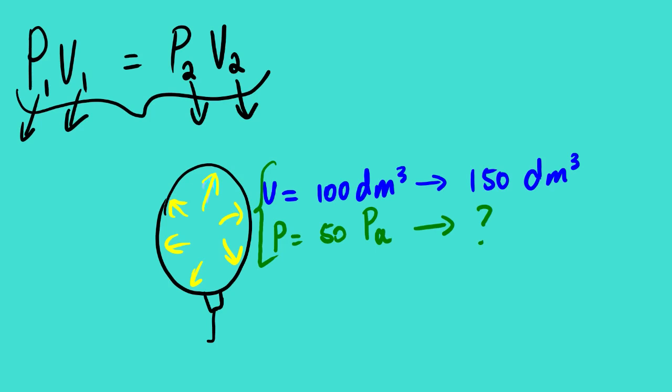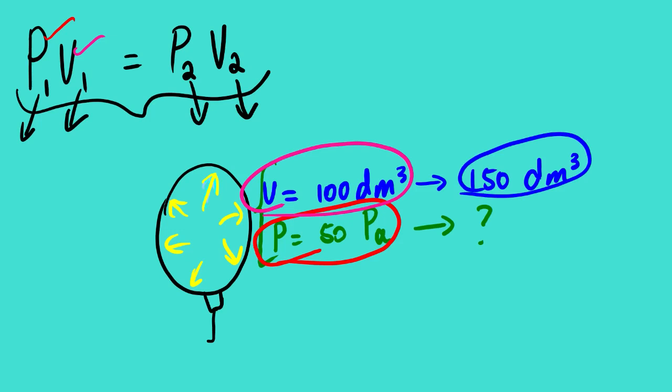Boyle's law is based on the relationship between the pressure and the volume of an enclosed system. Now, P1 is the initial pressure, V1 is the initial volume, and then after being inflated we have our new volume, which is 150. It will be V2.